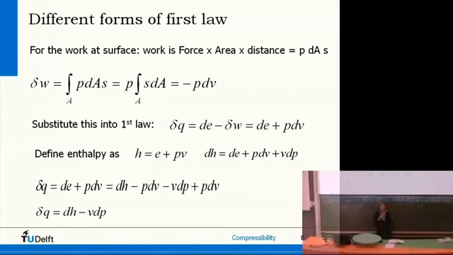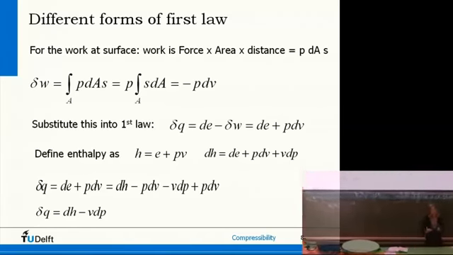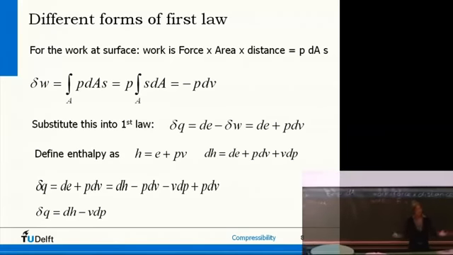Now how do we get the total work on the whole system? We sum or integrate over the entire boundary of it, right? So all the small area bits we add together. So we integrate over the entire area A the work.